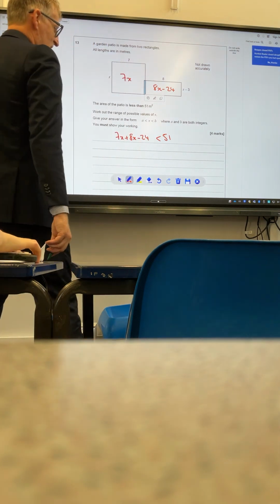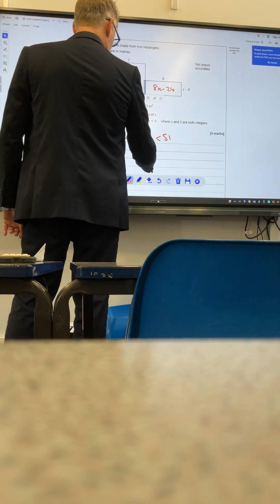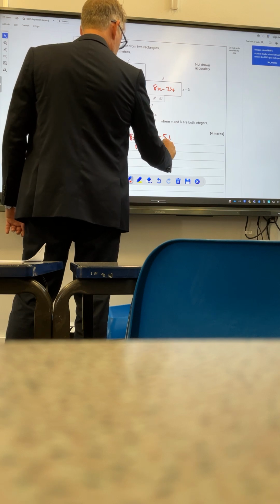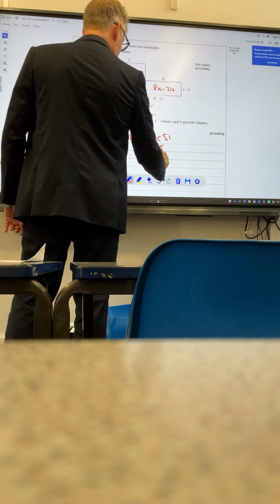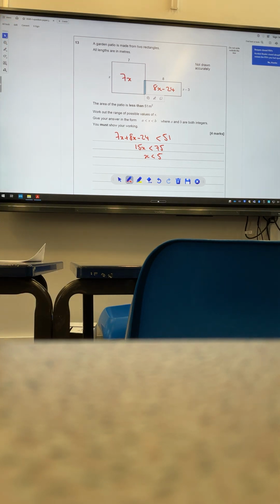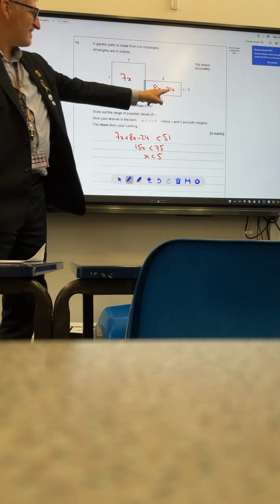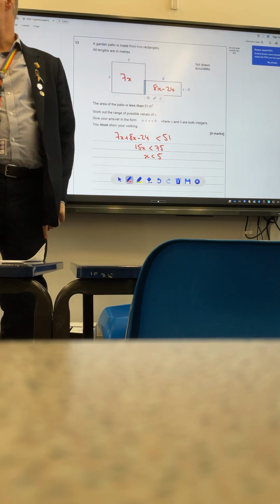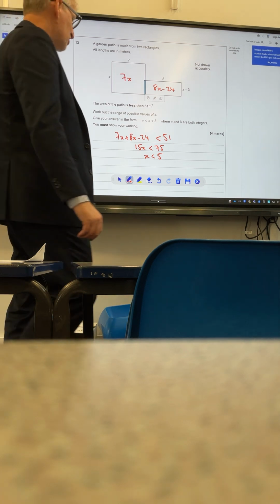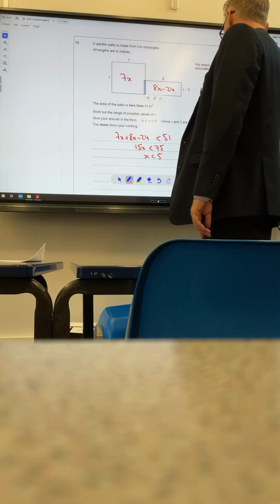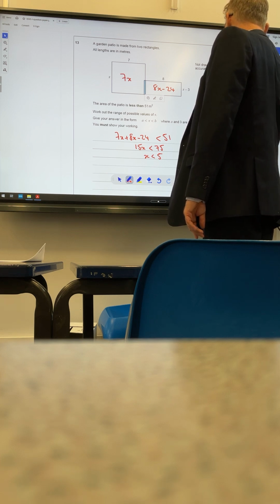So you get x is less than 5. However, x has got to be greater than 3, because if x minus 3 is negative, you're going to have a negative length, which is rubbish. That's the sneaky bit. So it's going to be x between 3 and 5.